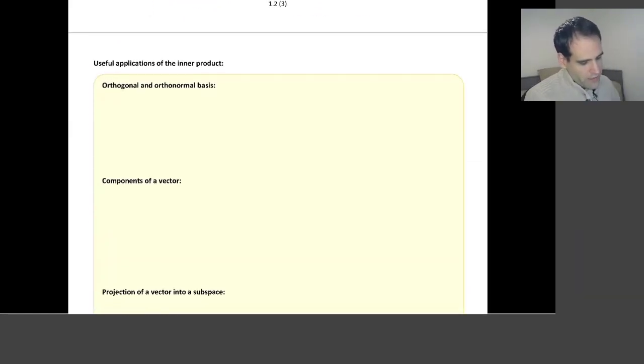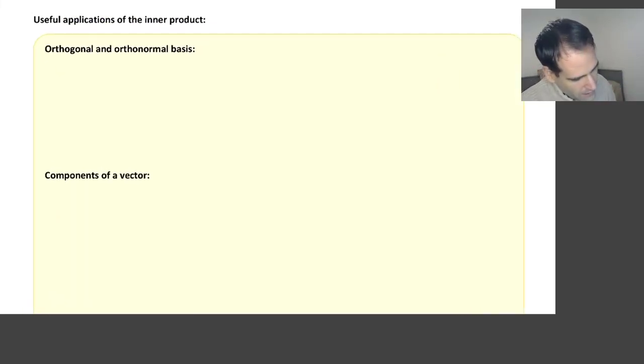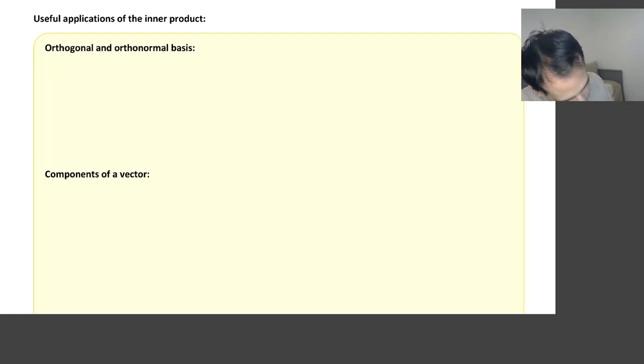Okay, next you saw that there are many useful applications for the inner product. For example, the concept of orthogonal and orthonormal basis. So you learned that a basis, let's write the basis, E1, E2, up to En.